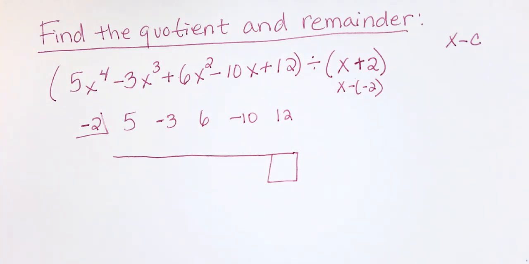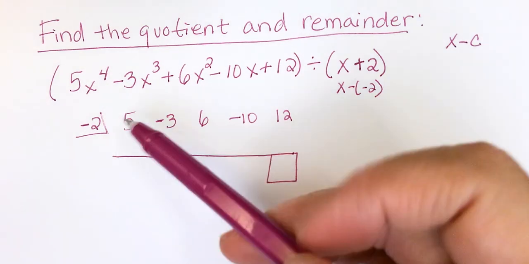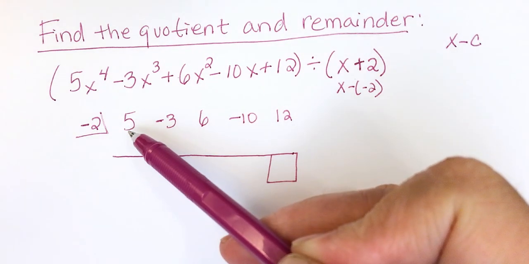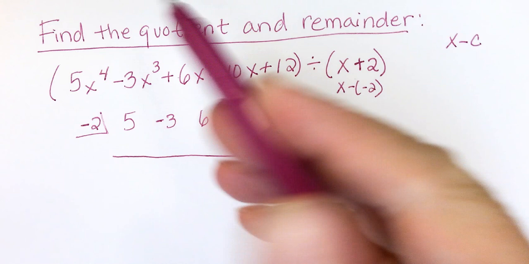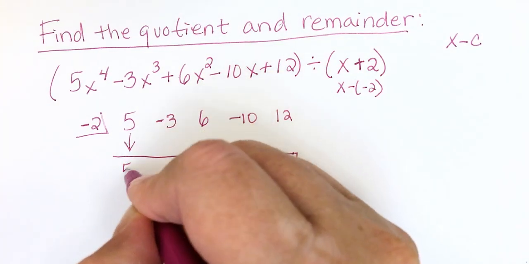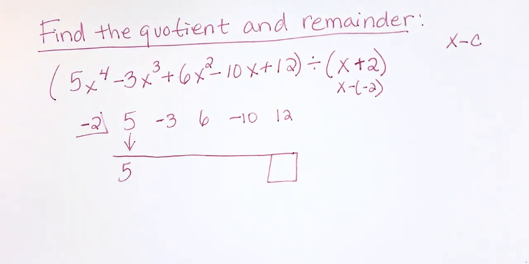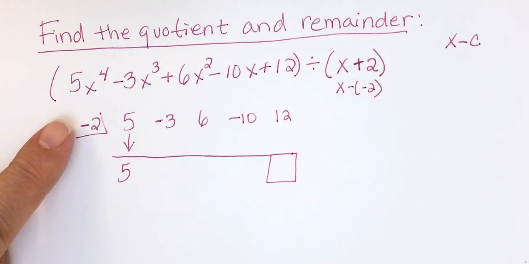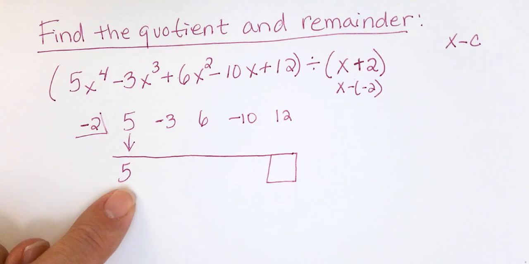The process for synthetic division first tells us that we should take this first number outside of the box and bring it straight down. So the 5 is going to come straight down. And then each time we go, it's almost like a circle. You're doing the same process every time after this. The process starts with the negative 2, and you're saying negative 2 times the number down here.